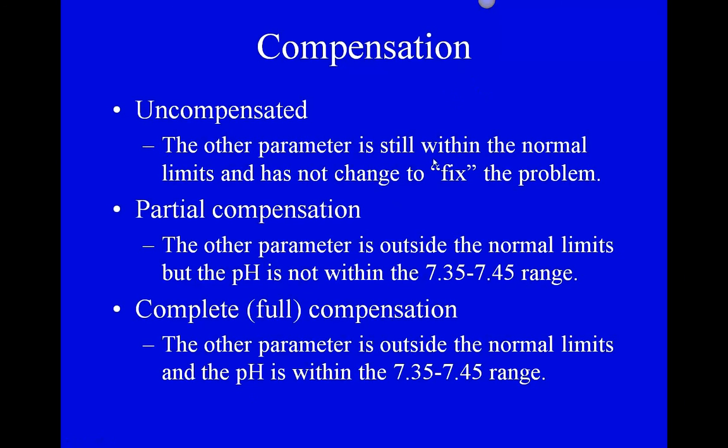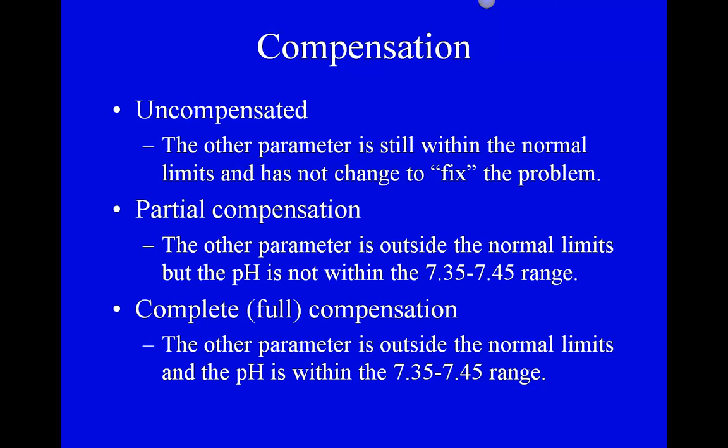So there are different levels of compensation. Uncompensated means the other parameter. And what that means is, what parameter matches the pH? If both parameters match the pH, meaning the CO2 is acid and the bicarb is acid, we call it combined.